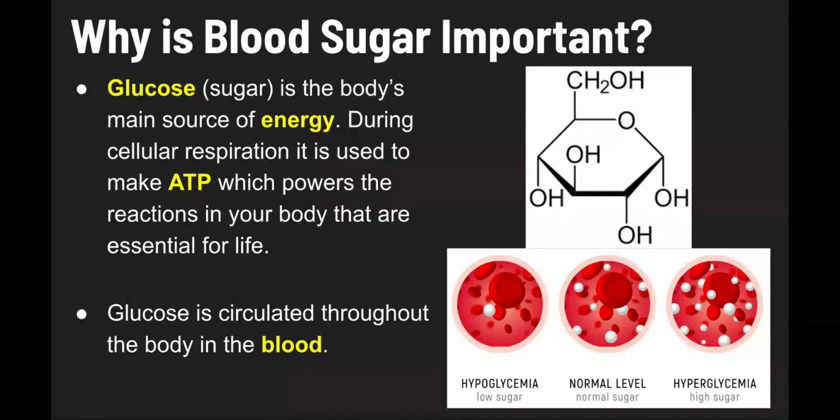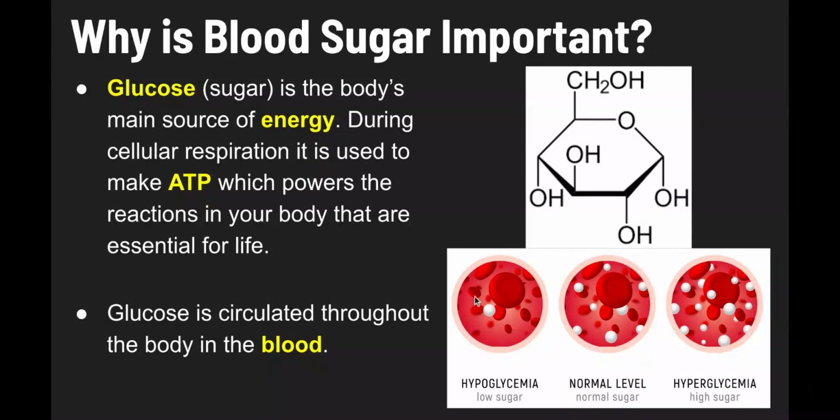All right. So in this image at the top, I've put the structure of glucose. So this would be like one glucose molecule. And down here at the bottom, I've shown you 3 levels of blood sugar. So this is how much sugar's in your blood. Here's what a normal level would look like. The white balls represent the glucose molecules.